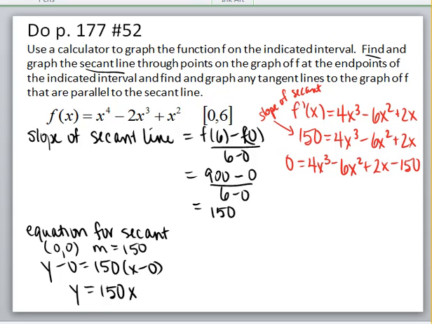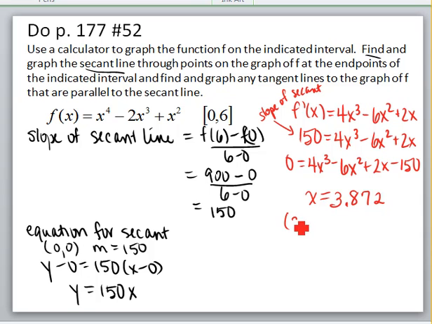I'll be happy to show you how to do that if you've not learned how to solve for an x value on your calculator. Just for right now, you need to trust me that I used my graphing calculator to find that the x value at which this is equal to 0 is approximately 3.872.